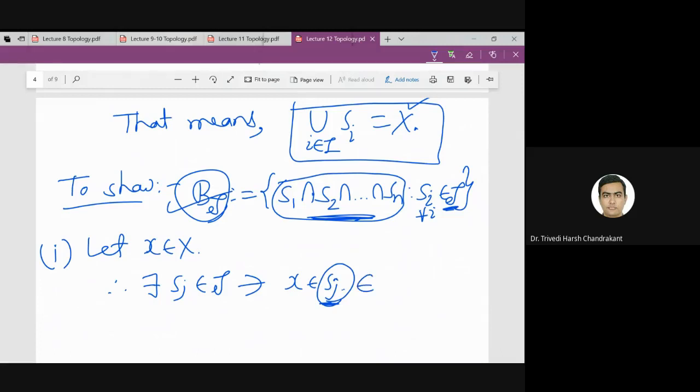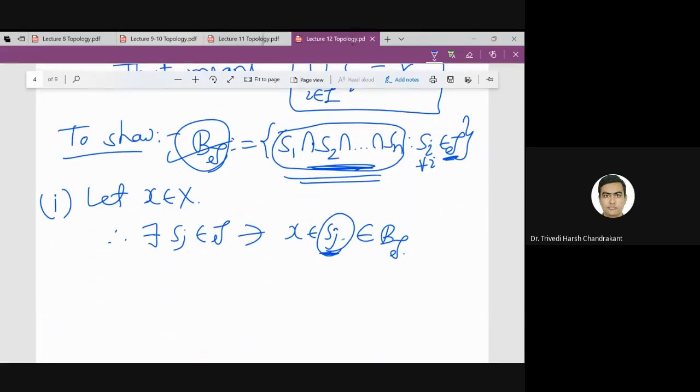A single element also belongs to Bs because this is an intersection of finitely many elements of S. In particular, I can take a singleton also, right? So this first property we have already proved for the basis.